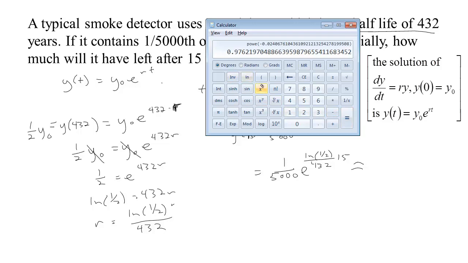So I do e to that number, I get 0.97. 0.97 times 1 over 5,000, I could just divide that by 5,000, and I end up having 1.952 times 10 to the negative 4 grams left.